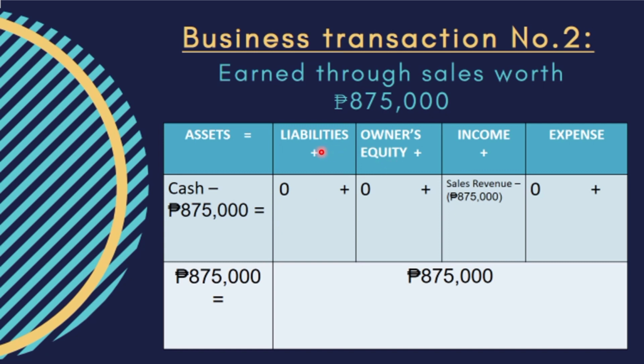On the liabilities plus owner's equity plus income plus expense side is the sales revenue, which is under income. Let's use the accounting equation to balance. The asset side is 875,000, equal to the total of liabilities plus owner's equity plus income plus expense, which is 875,000. So it is balanced: 875,000 equals 875,000.